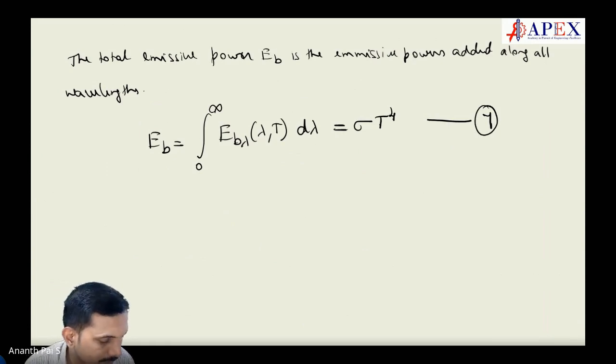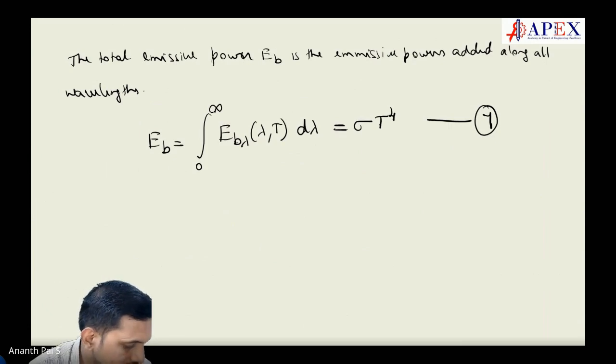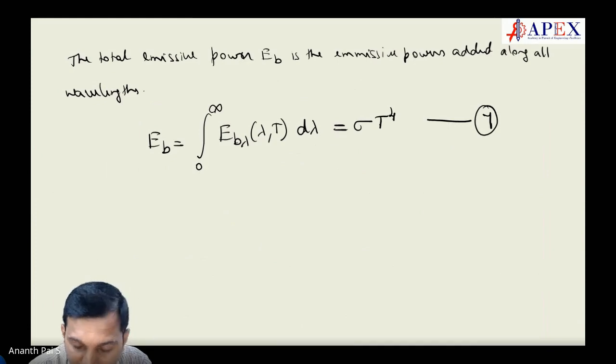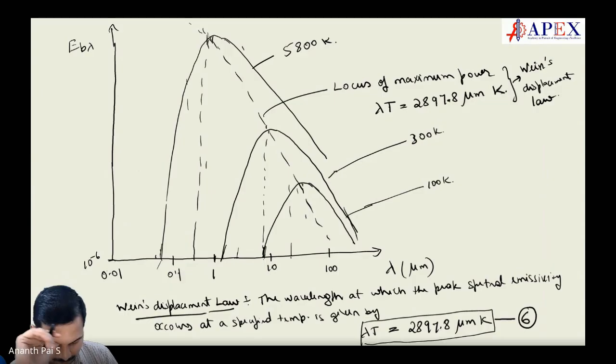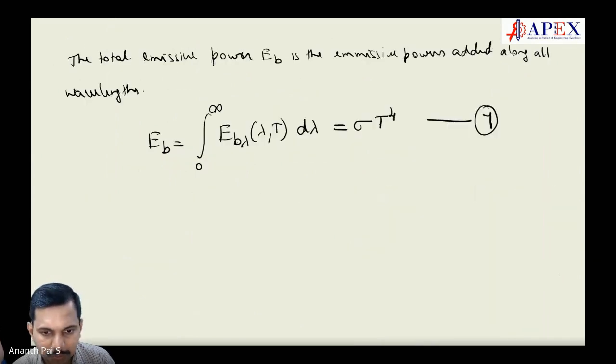Fine. Very easy. So Wien's displacement law would be the sixth equation, and this would be the seventh.